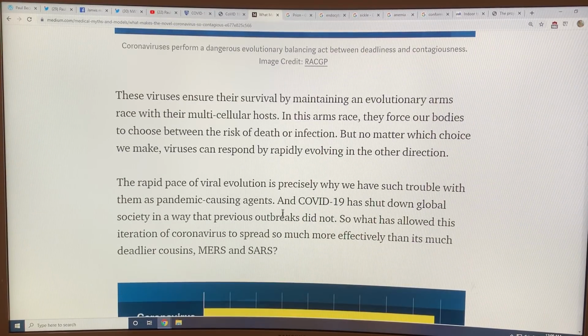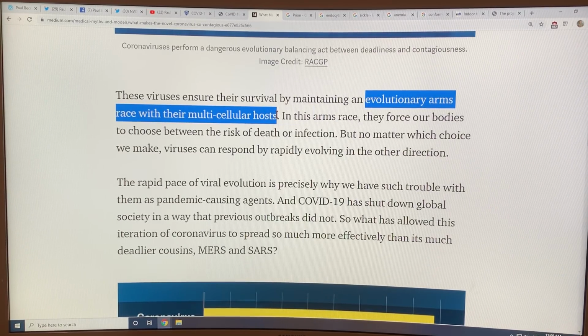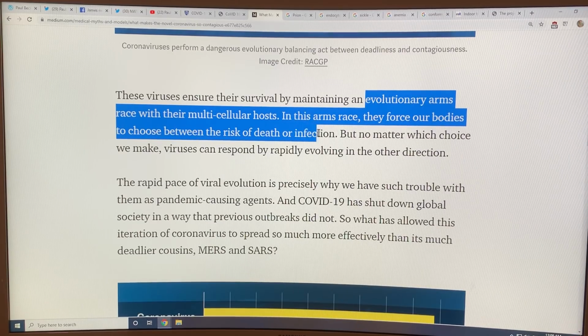Viruses ensure their survival by maintaining an evolutionary arms race with their multicellular hosts. They force our bodies to choose between the risk of death or the risk of infection. If there are not many ACE2 receptors, the risk of infection is low, but the risk of death is much higher if you do get infected.